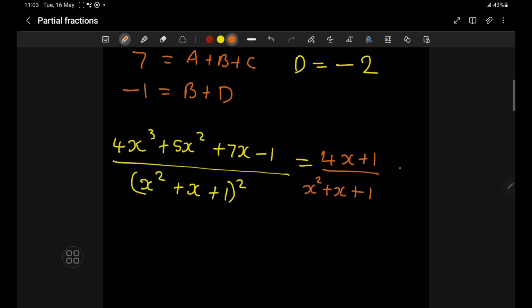Since my space is not enough, I'll write plus, but I'll write the expression here. Plus we had cx plus d. So our c is 2. So we'll have 2x. Our d is negative 2. So we'll have negative 2 over x squared plus x plus 1. But this time, this is a square. And you're done.